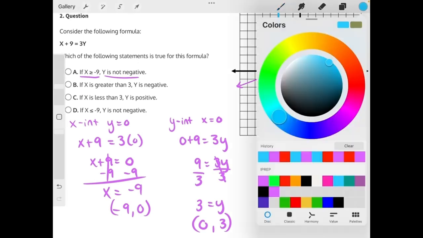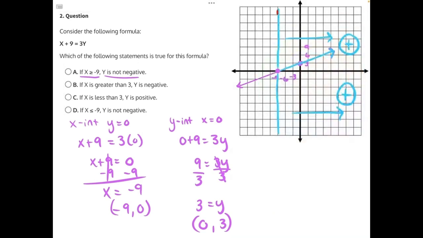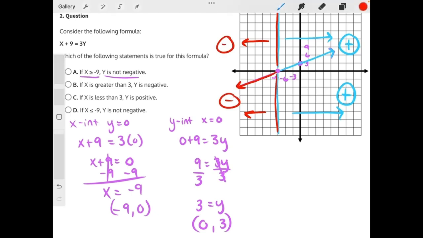And then everything to the left of this point is going to be negative. All of these are negative values. And that will help us as we're going through our answer choices in identifying the true statement.